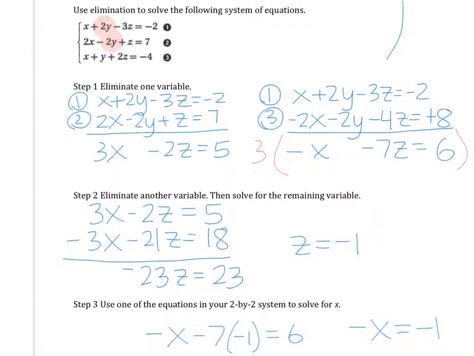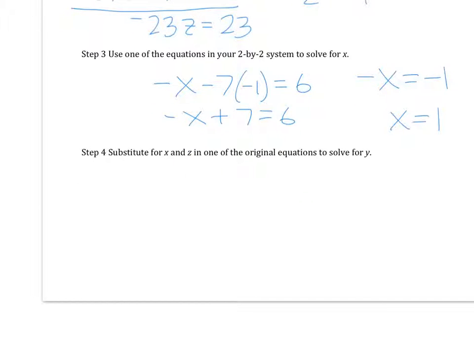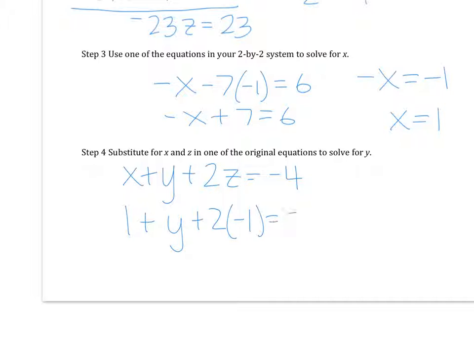So the original I choose is the third equation. I'm just going to write down here since we can't see it. So I put x, I put my y, that's what I'm solving for, my z. 1 plus negative 2 is negative 1.